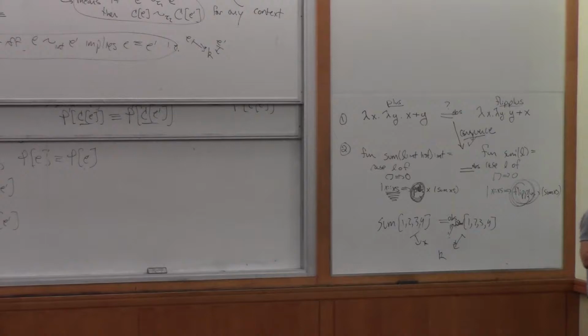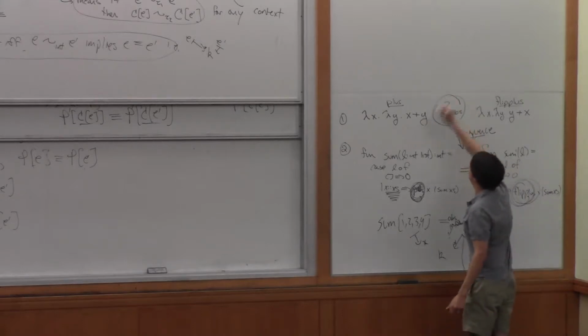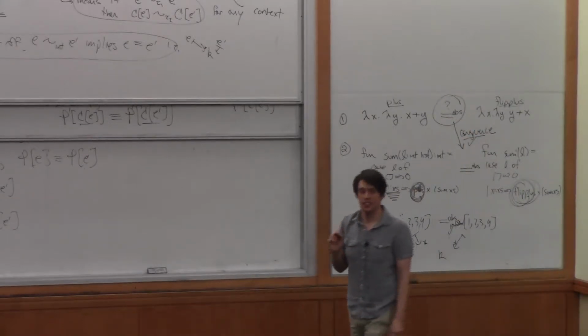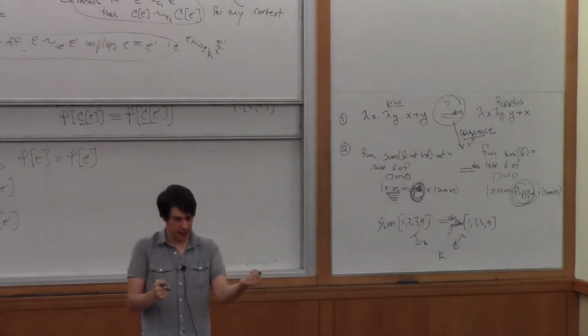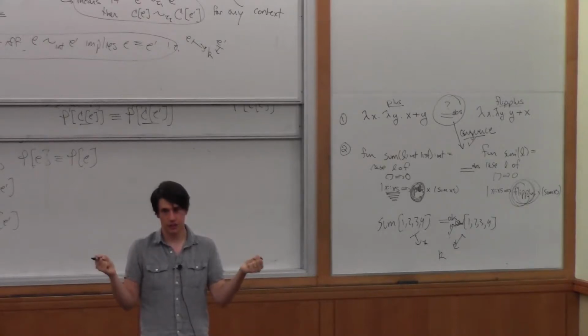So by congruence, I get takes equals to equals. By consistency, I get runs to the same number. How do I get started in the first place? Okay, so the missing piece is, how would I prove that plus and flip plus are actually equal functions in the first place?